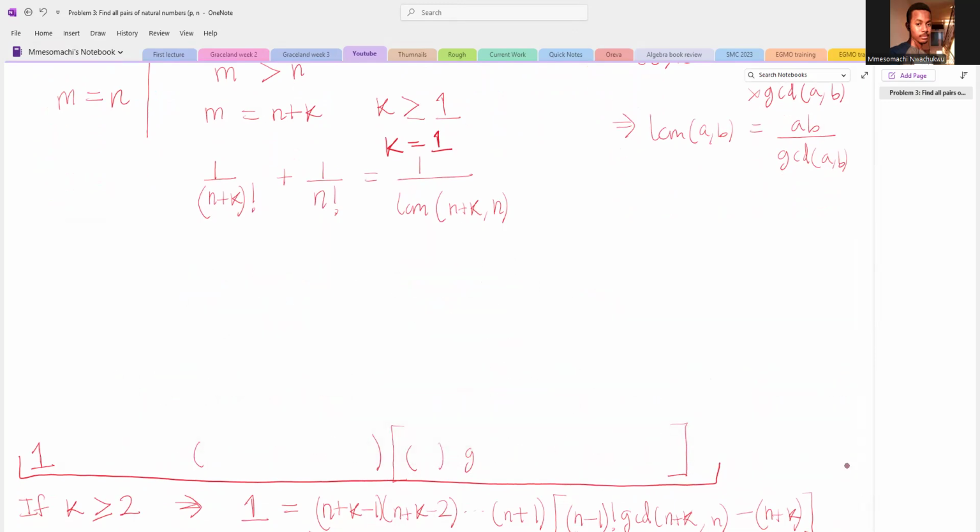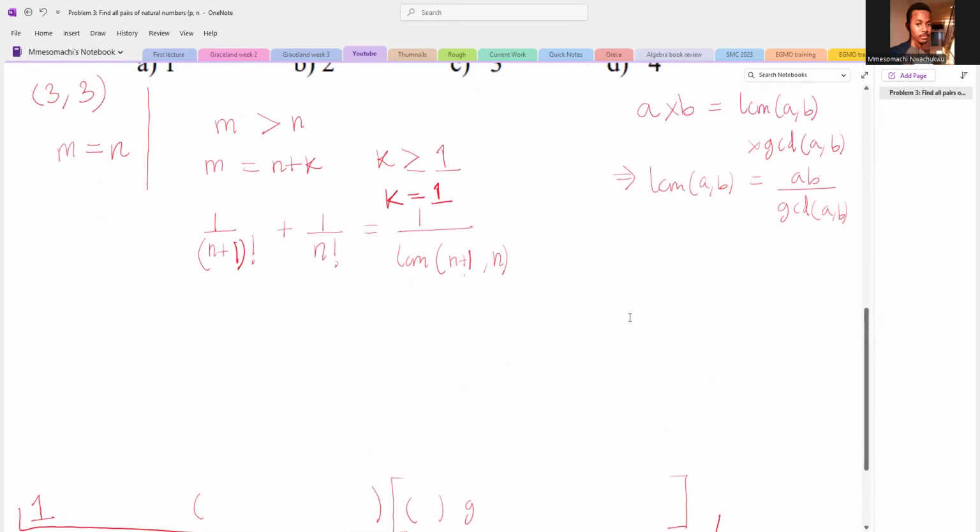Okay, so I have n plus 1 factorial, and I have n, the LCM of n plus 1 and n. Recall that the LCM of n plus 1 and n is equal to n into n plus 1.